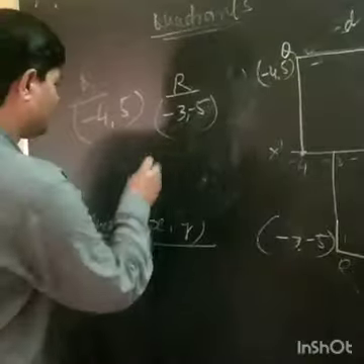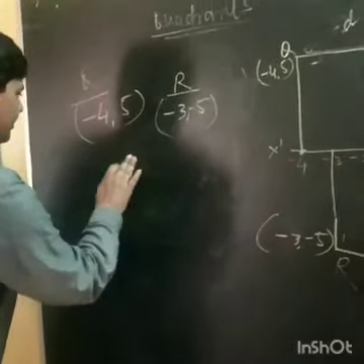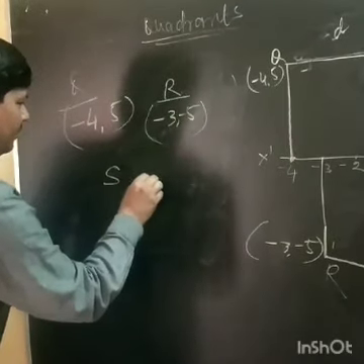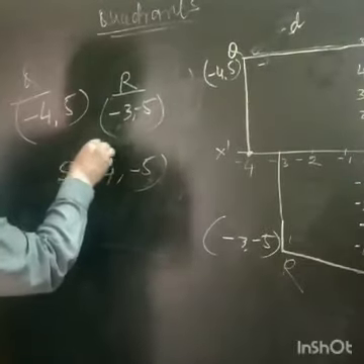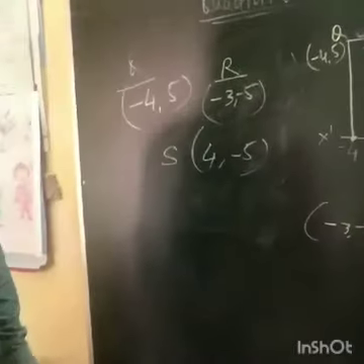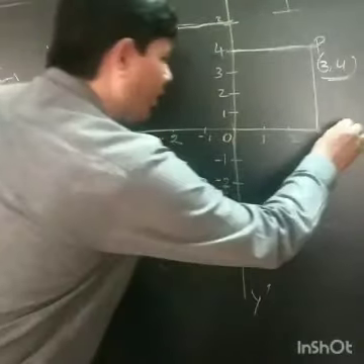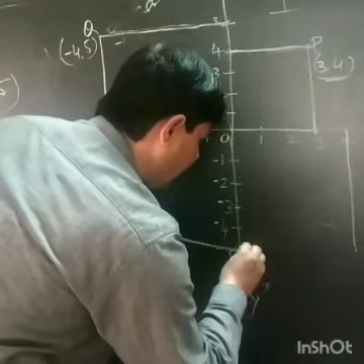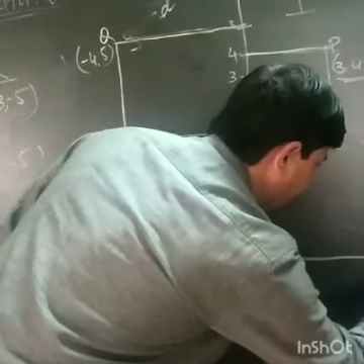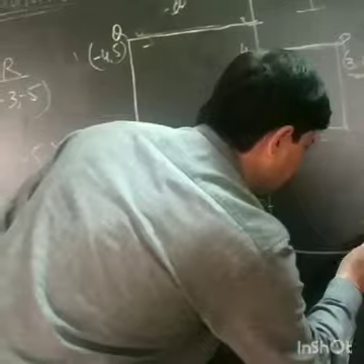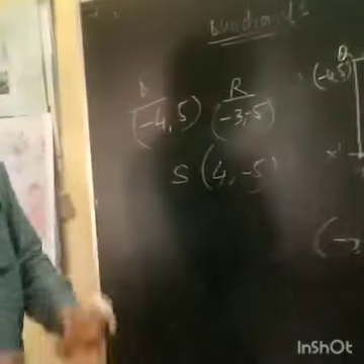Similarly, if you are asked to locate the point S (4, -5), 4 is the distance traveled on the x-axis and -5 is the distance traveled on the y-axis. This point is S. Is that clear?